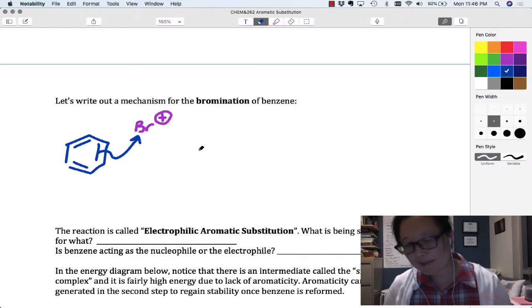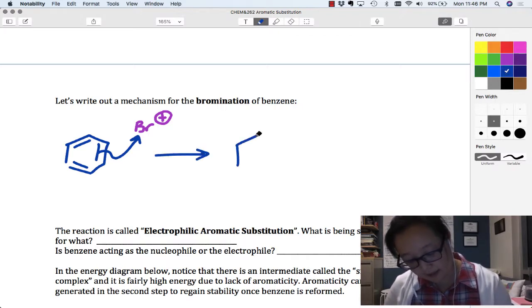That means this is a kind of nucleophilic attack, but eventually it's going to be a substitution reaction, and I'll show you why. So that bond is no longer there. We're going to form it either here or here, so you can pick one of those positions. Put the bromine there. Whichever one you don't pick gets a positive charge.